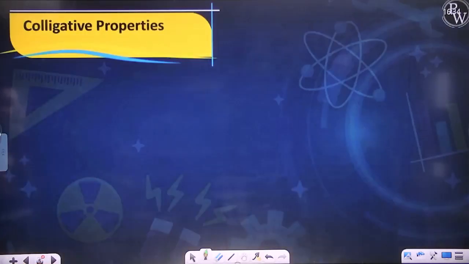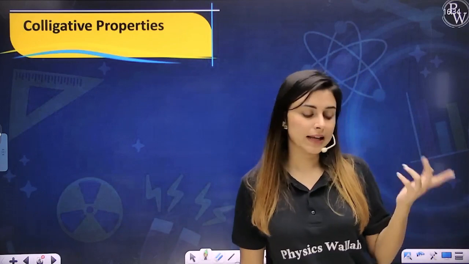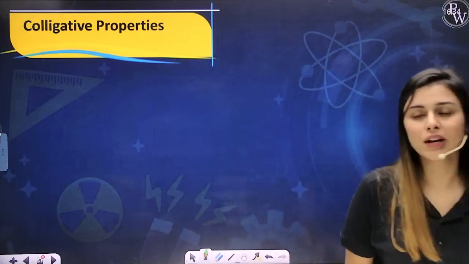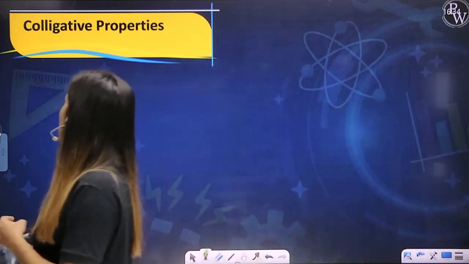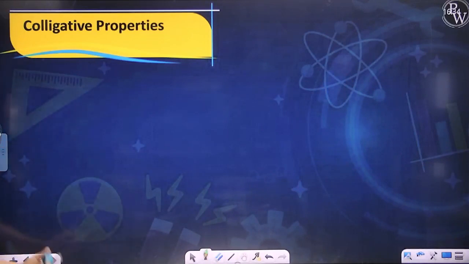Now let's move forward. Now we are going to study colligative properties. What are colligative properties? Can I have water? Then we'll move forward. Okay. So till now you can understand what colligative properties are.